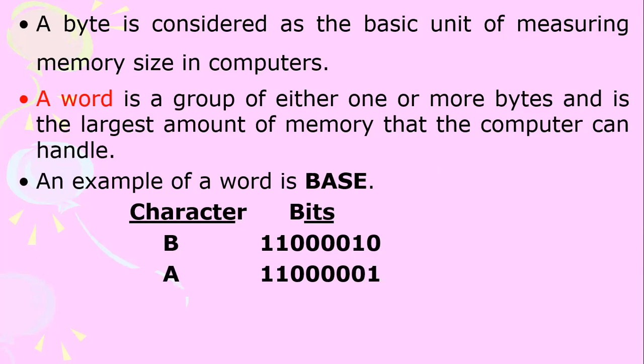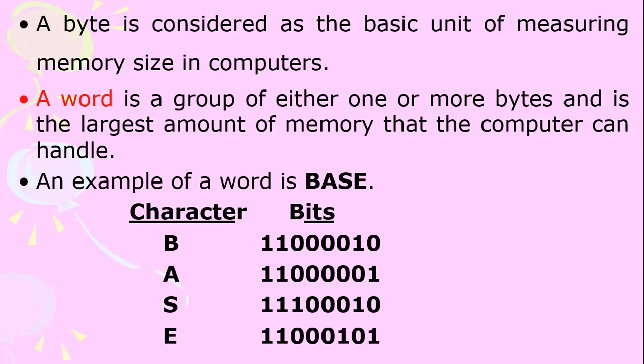A is 1 1 0 0 0 0 0 1. S is bits 1, 1, 1, 0, 0, 0, 1, 0. E is 1, 1, 0, 0, 0, 1, 0, 1.